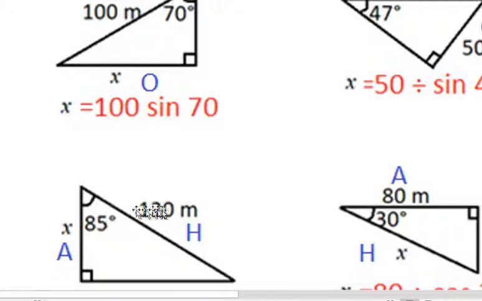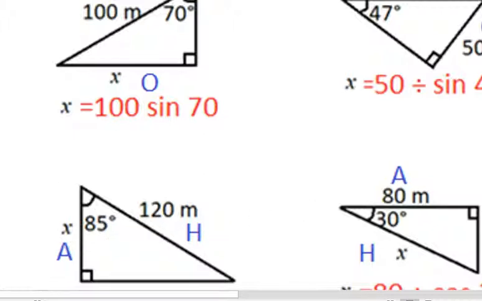Now people get confused because 120 is also next to 85. Yes it is, but we've also labelled it as H already, so that one is not our adjacent. This other one that we haven't labelled yet is our A for adjacent, next to, not the longest side. Alright, so the letters we have are A and H.